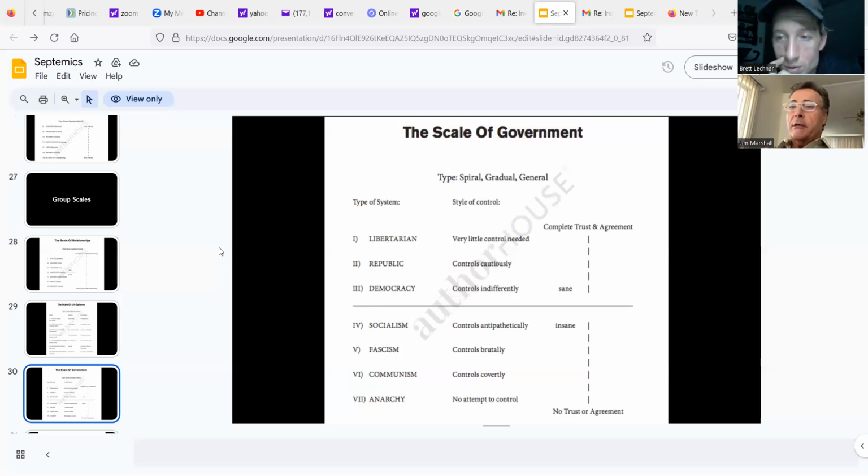It's a hierarchy. If you have a fascistic state and it improves, you'll get a socialist state. If you have a socialist state and it improves, you get a democracy. If a democracy improves, you get a republic.